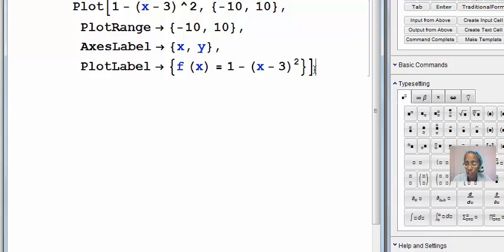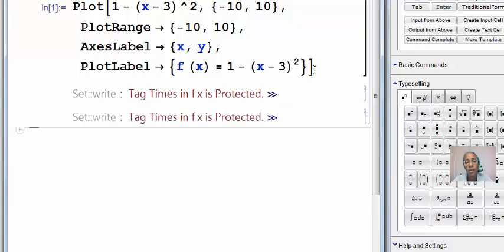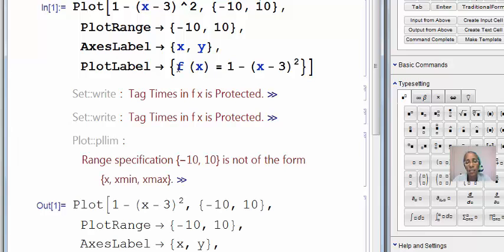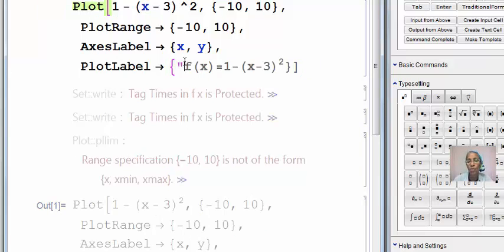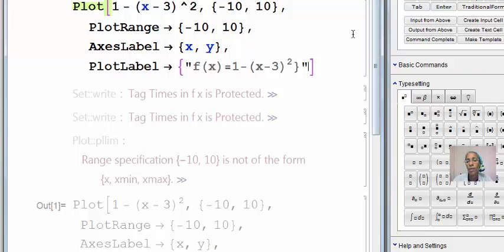So I'm going to hold Shift and select Enter. And that is telling me that, and I'm sure this is where the problem is, I think I have to put this in quotes. So I'll select this bracket that's outside of my input. Oops.